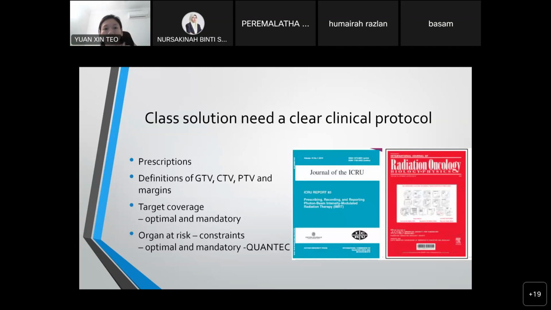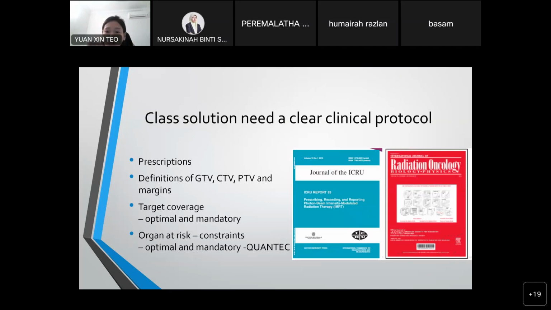I have briefed you on how the IMRT plan is created, and in this part, how do we know the protocol, meaning how much dose we can accept for the spinal cord, brainstem, and eyes.